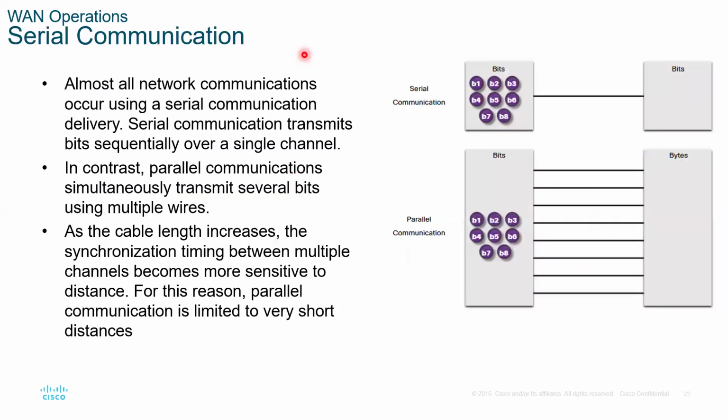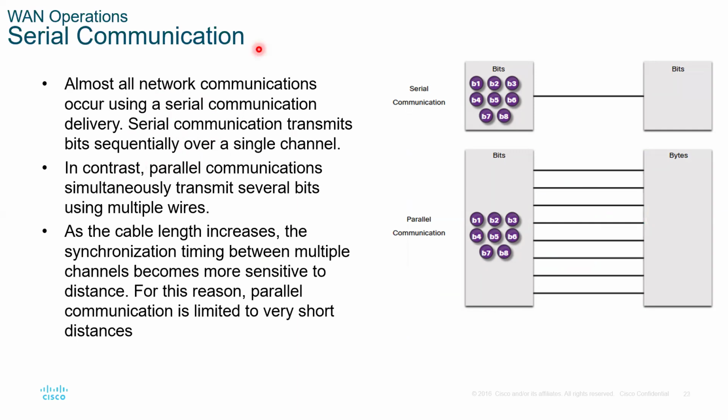Serial communication. When we talk of serial, it is one after the other. Almost all network communication uses serial communication. It transmits bits sequentially over a single channel. In contrast, parallel communication simultaneously transmits several bits using multiple wires.